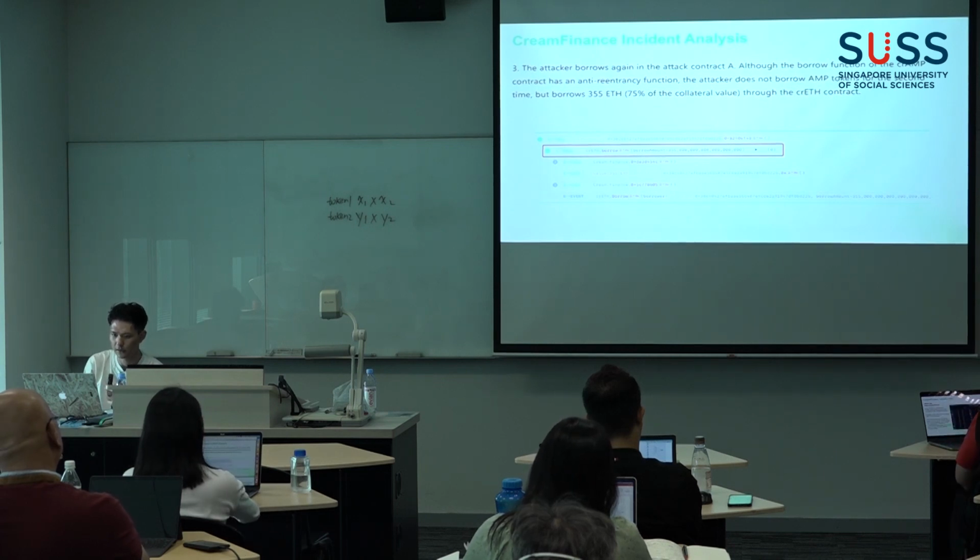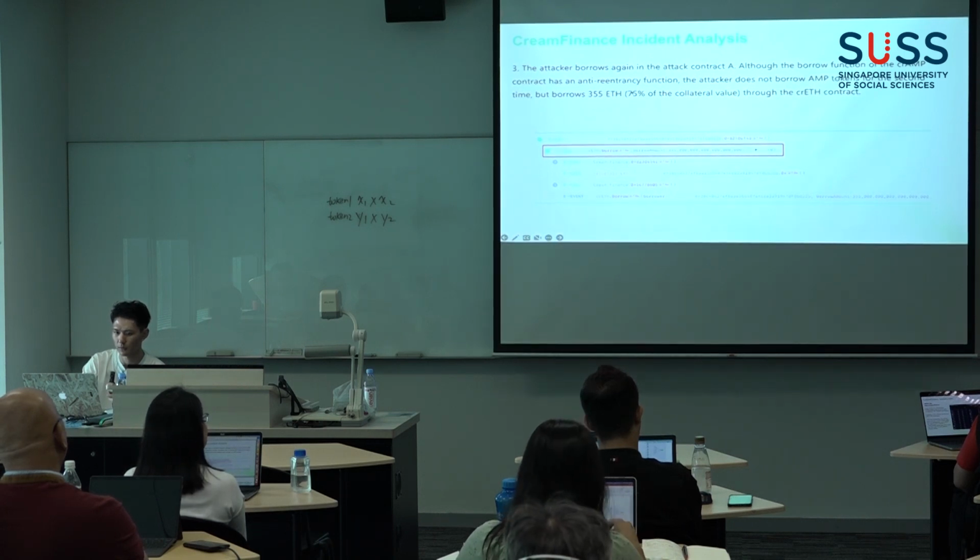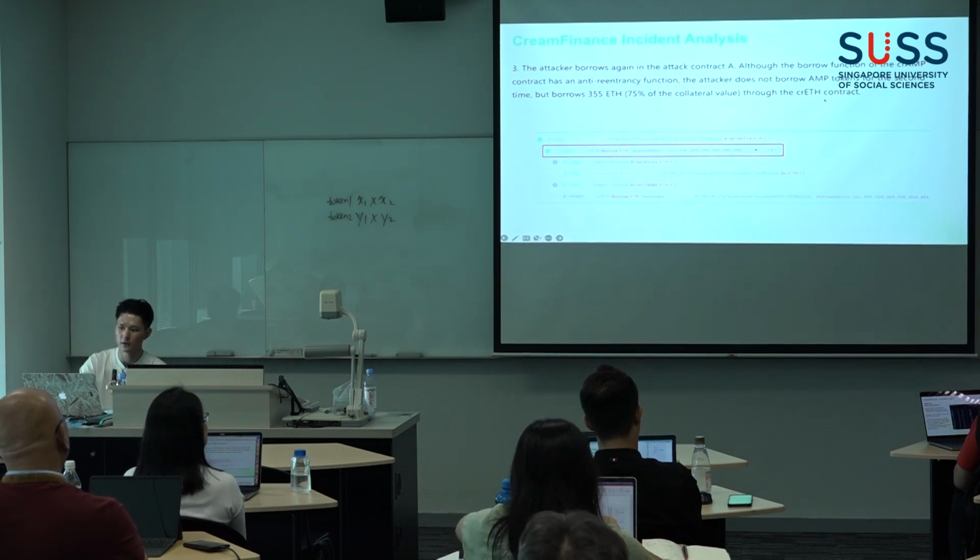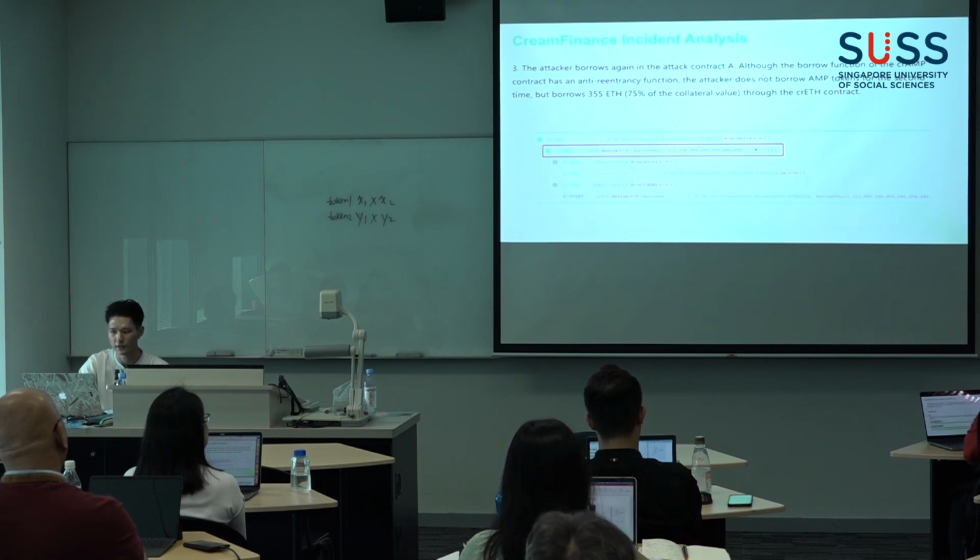And now the attacker borrowed again in the attacker contract. Although the borrow function of the CR/AMP contract has an anti-reentrancy function, the attacker does not borrow AMP tokens for the second time, but borrows ETH through the CR/ETH contract. So we mentioned yesterday that a reentrancy attack can be prevented by adding a mutex, that is, a reentrancy guard.